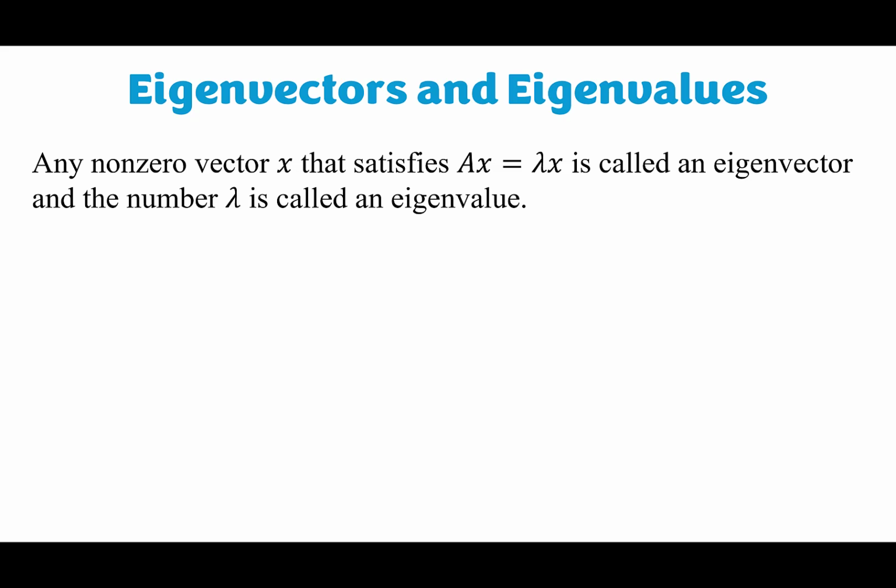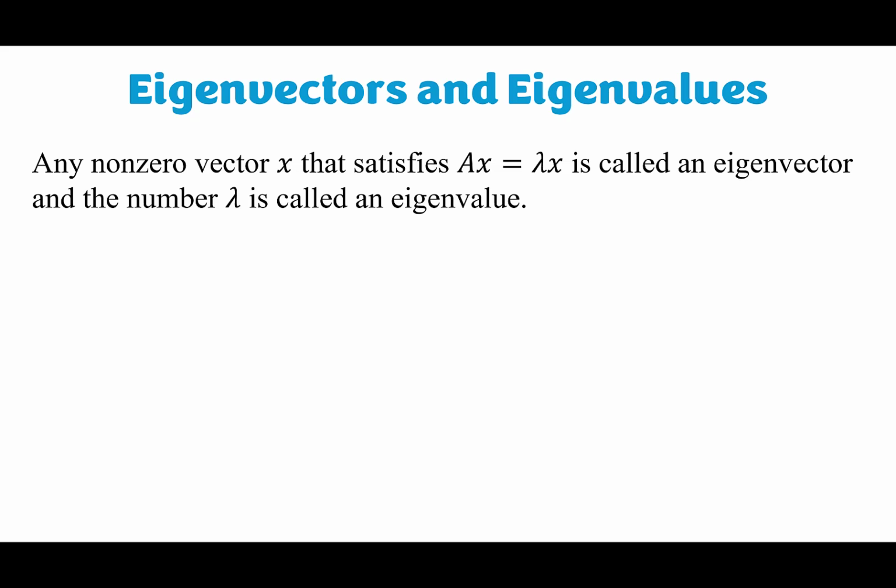So any non-zero vector x that satisfies Ax equals lambda x is called an eigenvector. So x is an eigenvector if it satisfies that equation. And the number lambda is called an eigenvalue.